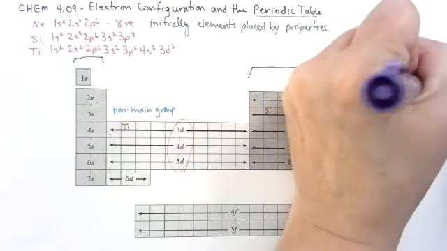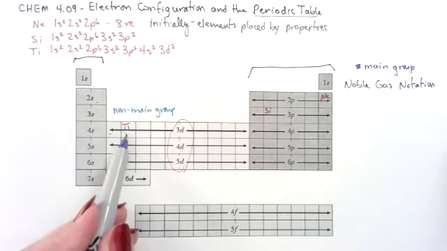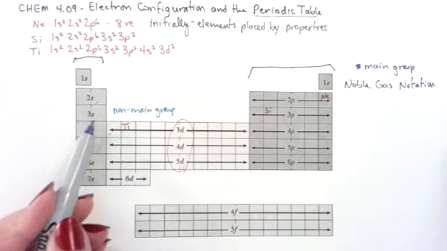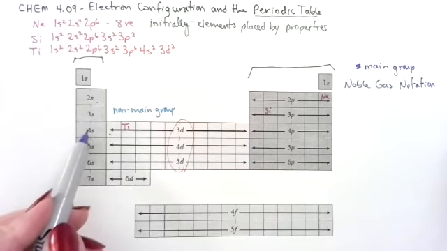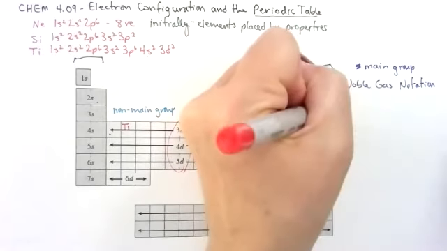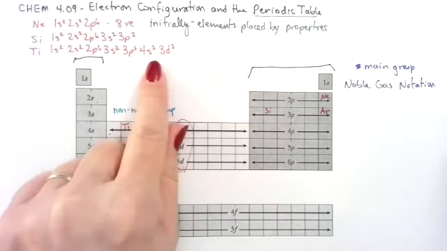If I was doing titanium, instead of writing out the 1s2, 2s2, 2p6, 3s2, 3p6, I would put the noble gas from the row before, which is argon, and then add 4s2, 3d2.